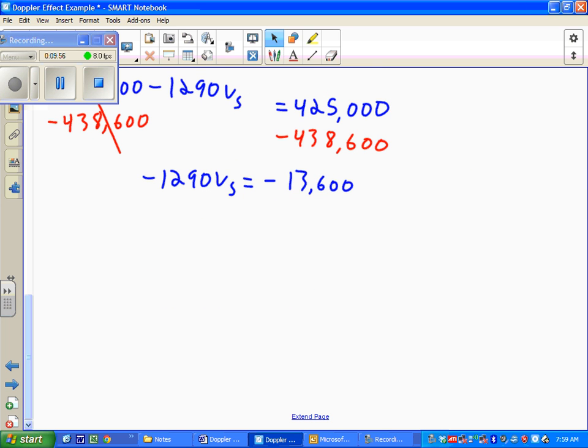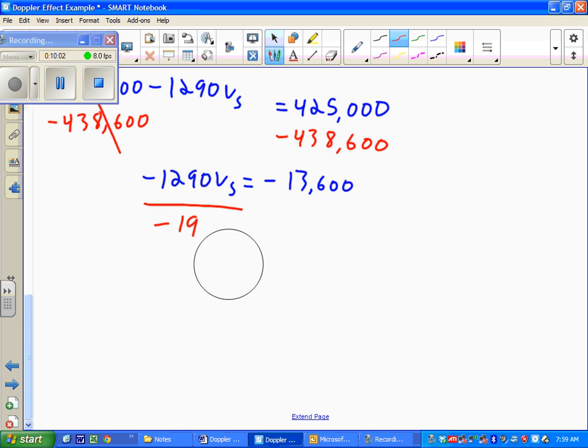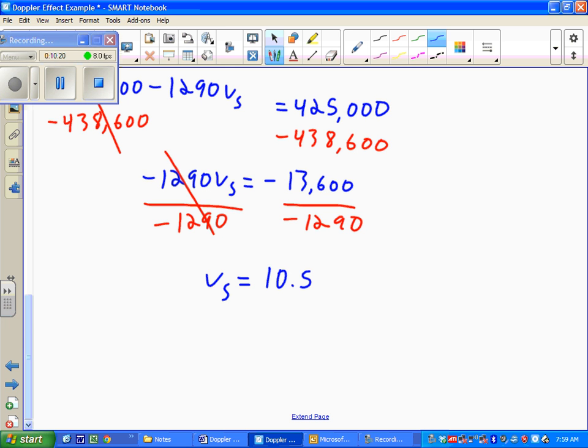And then you divide both sides by negative 1290. So I'll get rid of that. So I'll have Vs, which is the velocity of the source, which is my bird, which is what I want. That will be 10.5 meters per second.